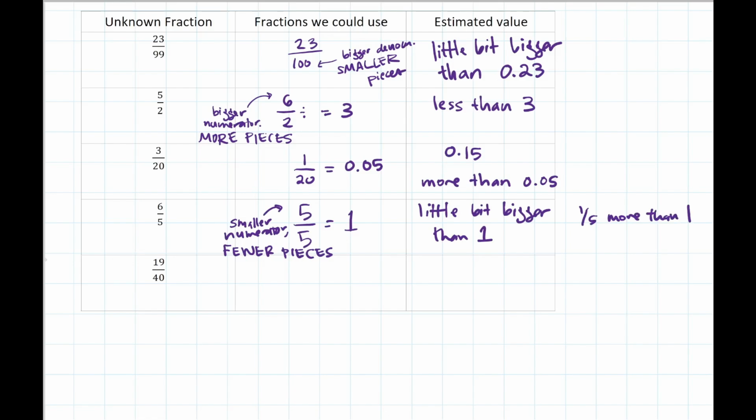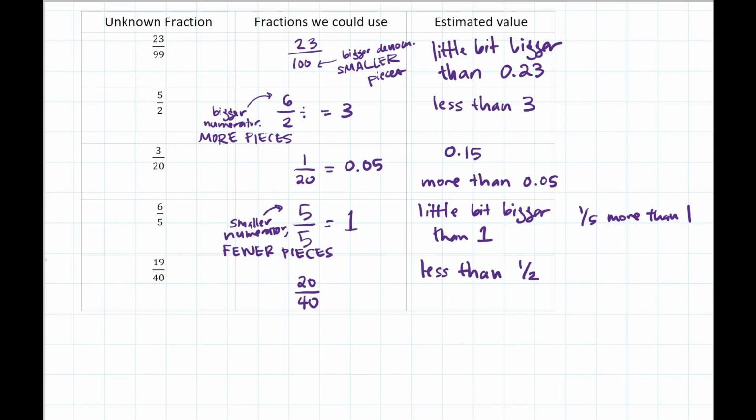All right, 19 40ths. I'm going to compare this guy to 20 40ths. I've been doing a lot of changing the numerator, but it has been helping. If I did that one, I know that 20 is half of 40. So this is about a half. But this is bigger, and 19 40ths is smaller than 20 40ths. So it's a bit less than a half.